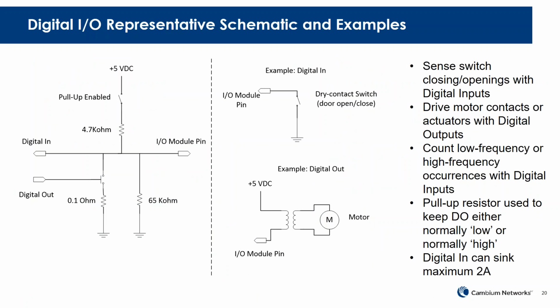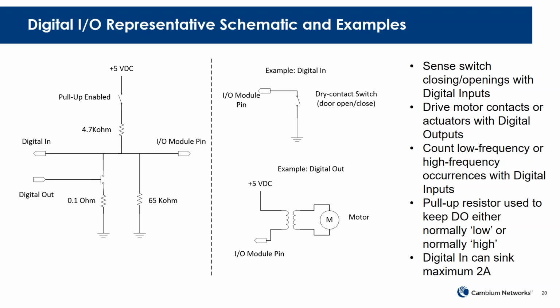Here's just going right down to the details, but this is a digital I/O representative schematic, and it gives you a sense of one of the applications many of our customers have used, which is I just want to tie in some dry contact switches, maybe the cabinet door switch or a pressure switch. I want to know when a pump turns on or off. I can tie that switch directly into one of the pins on the I/O port, that green connector on the radio, and now I can read that with a Modbus poll.